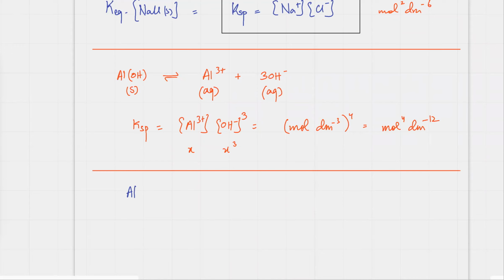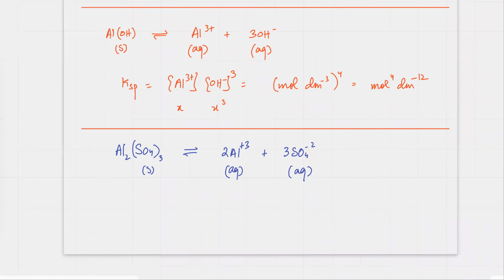I've messed this up. Just a second. So it's Al2(SO4)3. It's going to produce two aluminum ions, aqueous, and three sulfate ions, and they would also be aqueous.